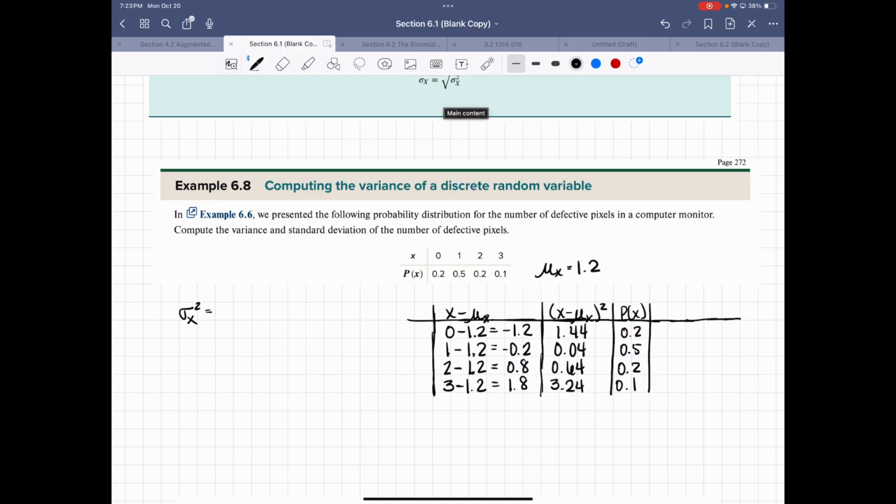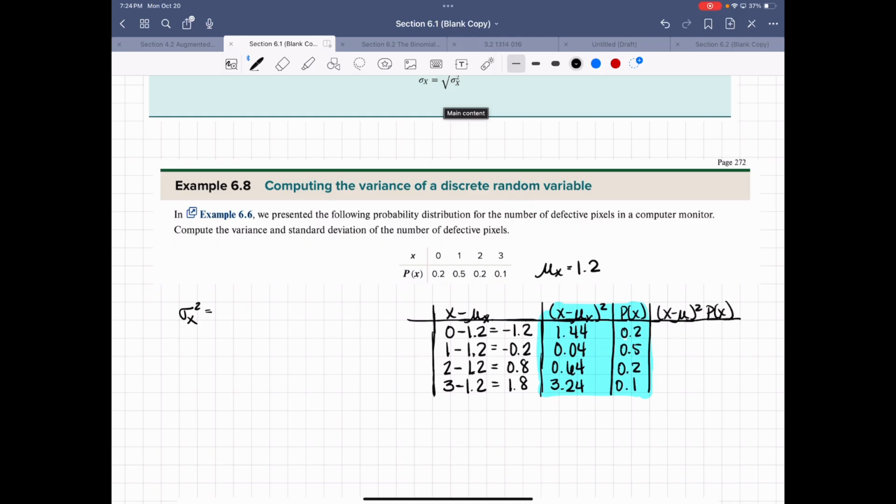So now I need to multiply those together, right? I'm doing x minus the average squared times p of x. So I'm taking those two columns and multiplying them together. Do y'all see what I'm doing? Then I've got to add them up.